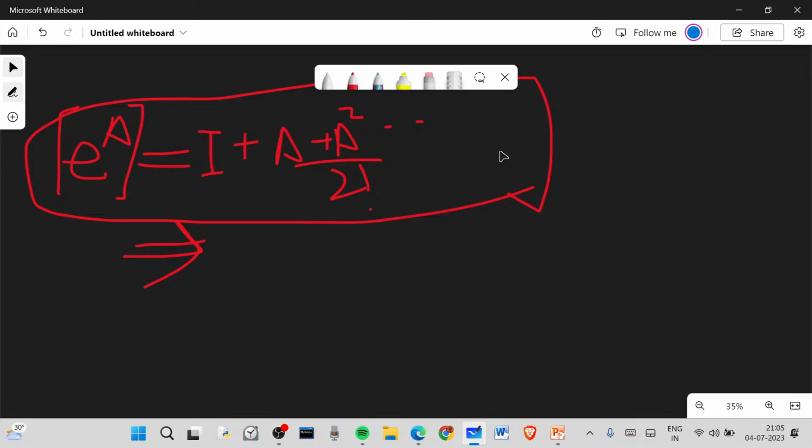Because when I was saying that the solution was x is c e to the power at, what if I'm a foolish kind of person, and I put c as another matrix phi and a as this A, and A as a function of t?